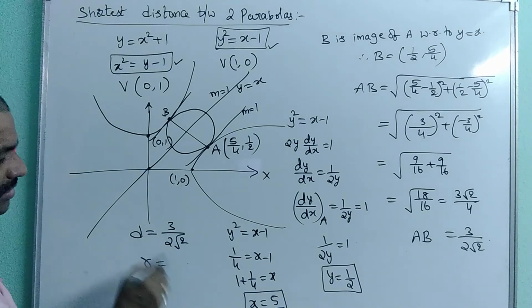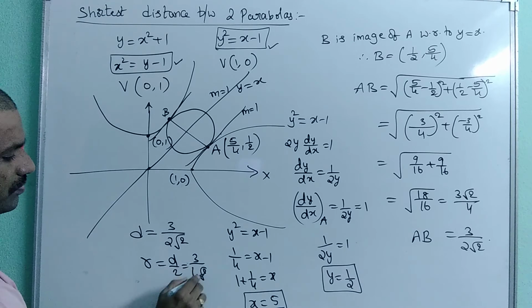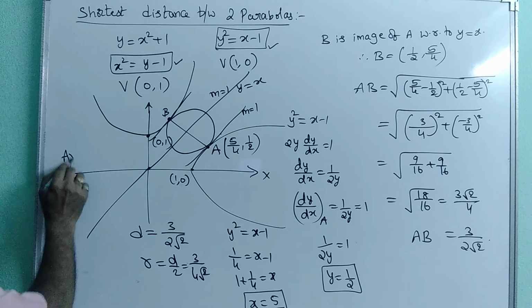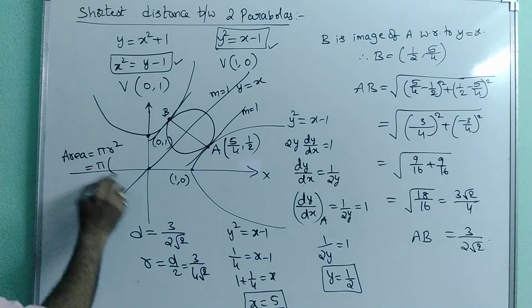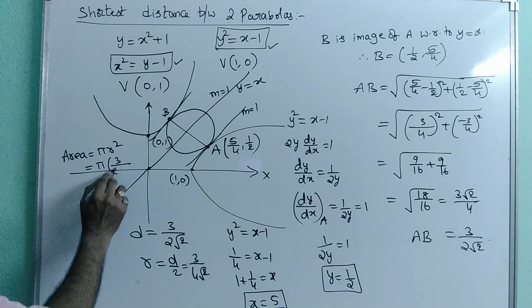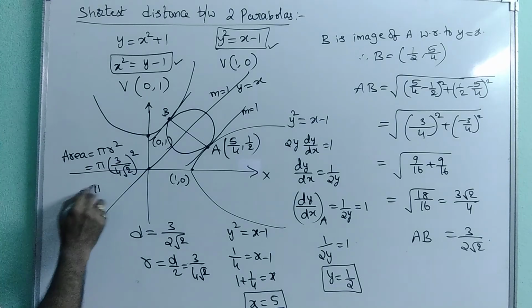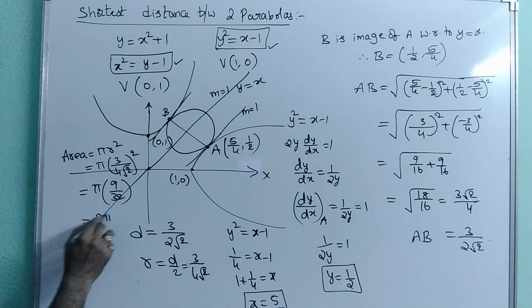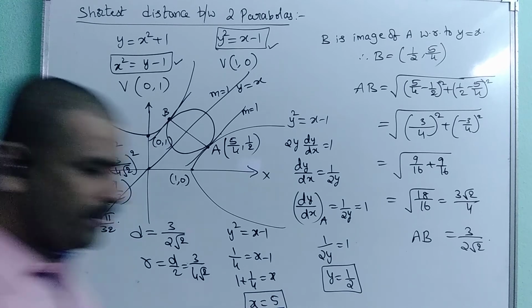Then what is the radius? D by 2, that equals 3 by 4 root 2. Then what is the area? Pi r square, that equals pi into, what is r square? 3 by 4 root 2 whole square, that equals pi into 9 by 32, that equals 9 pi by 32.